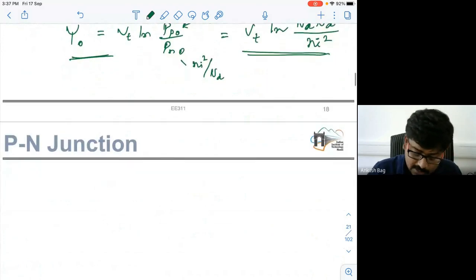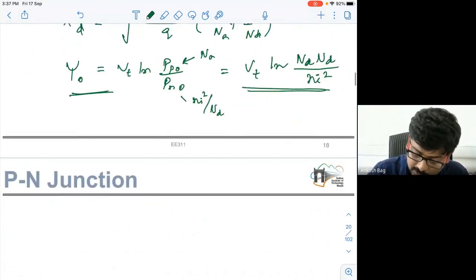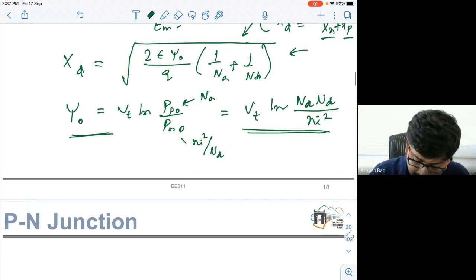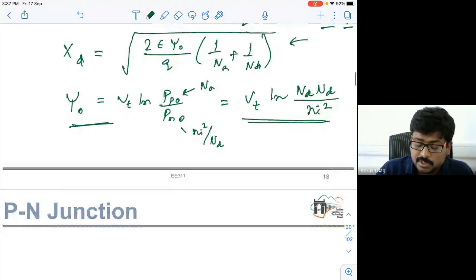So if we summarize all this parameter and this derivation, see. First of all, once again, we need to utilize these five fundamental equations, those two transport equations, then two continuity equations and Gauss law.